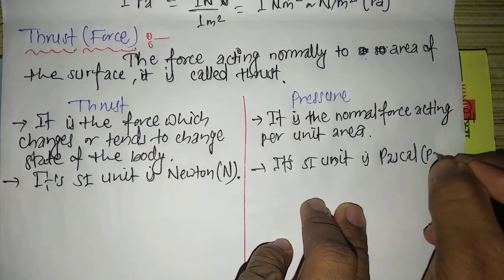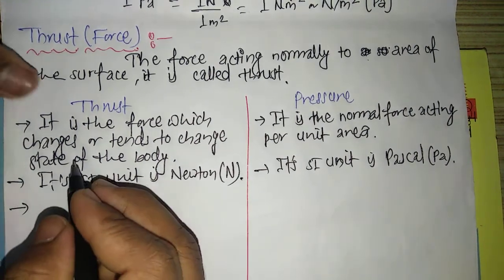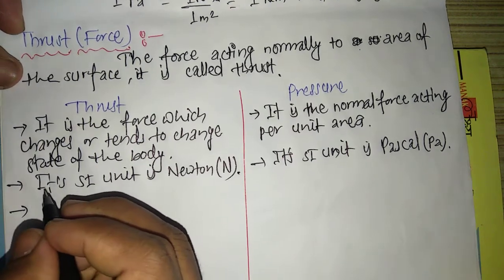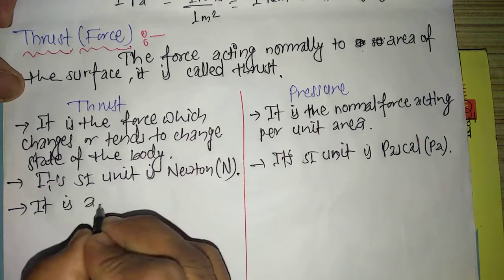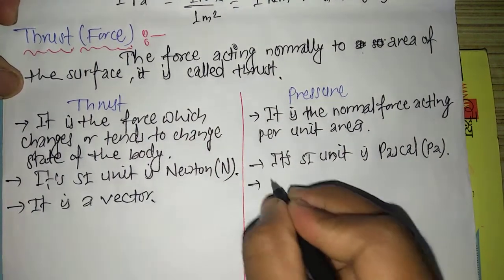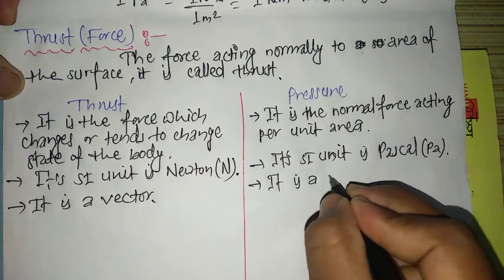Pascal, and the symbol is Pa. And thrust is also force, and we have already studied in the fourth chapter that force is a vector quantity. So thrust is a vector, and pressure is a scalar.